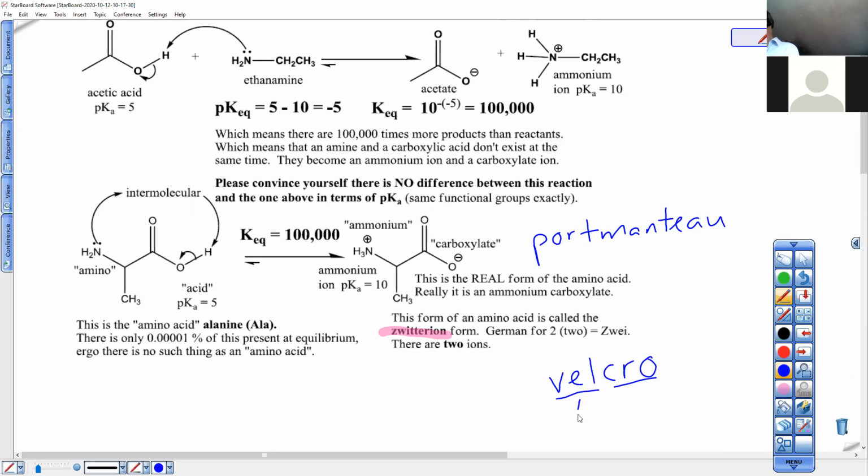It comes from velour, a soft fabric, and crochet. Isn't that exactly what Velcro is? Okay, sorry, total aside. Zwitterion is another portmanteau that says what it is, 2 ions. And there you go. That's what an amino acid really looks like.